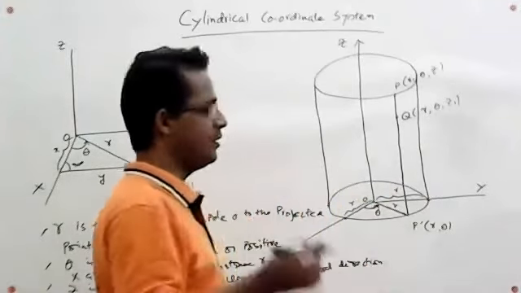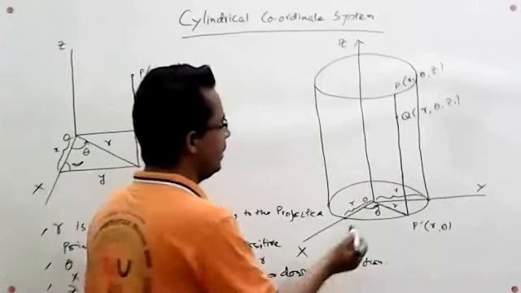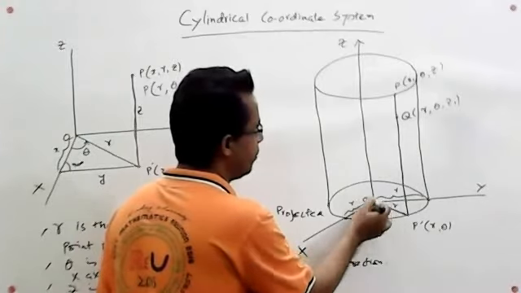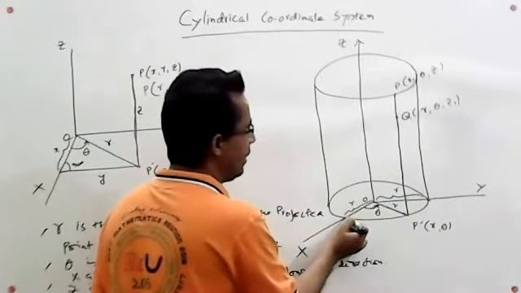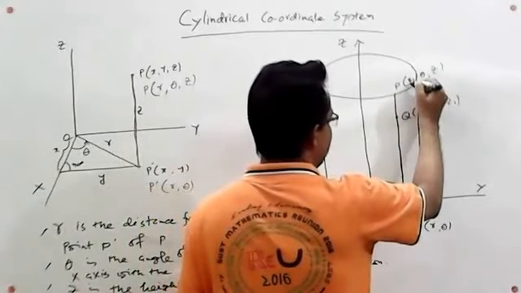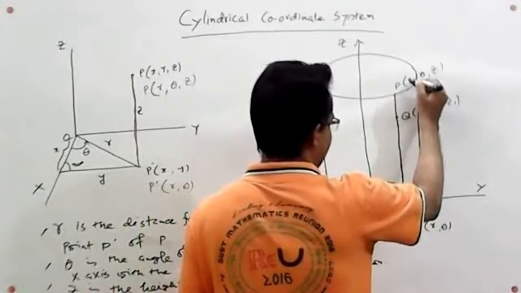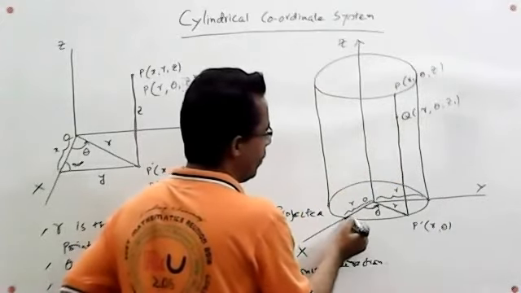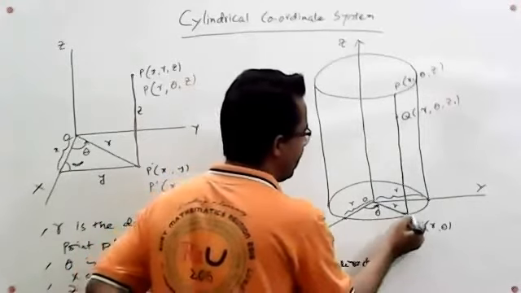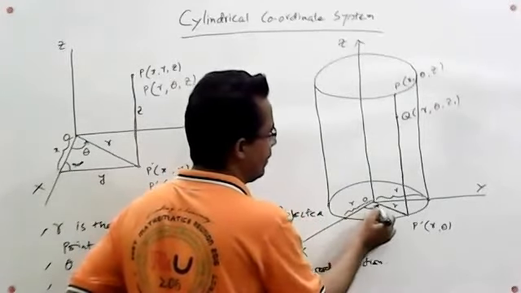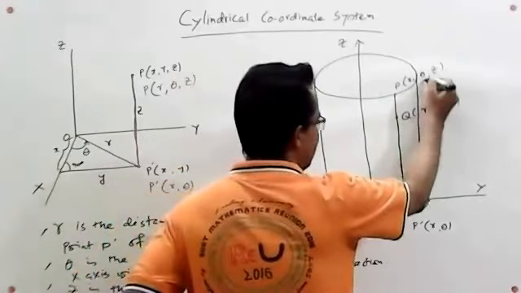Now, if we start from origin O, we reach from O to this point, then we can make R. That is the first coordinate of this point. If we move along this R, we make an angle theta, which is the second coordinate.